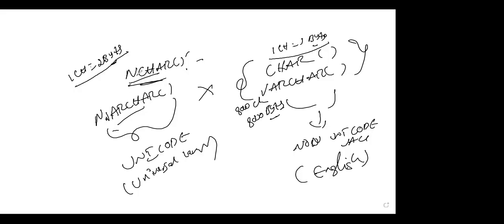But nchar and nvarchar can store only 4000 characters, because it can store only 8000 bytes. When 1 character is equal to 2 bytes, 4000 into 2 is 8000 bytes.